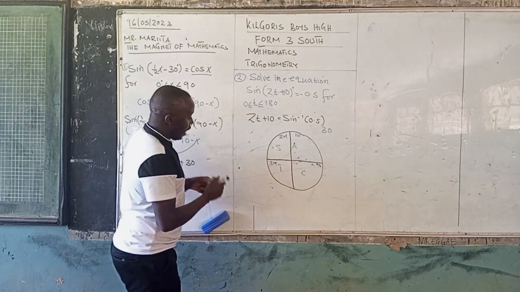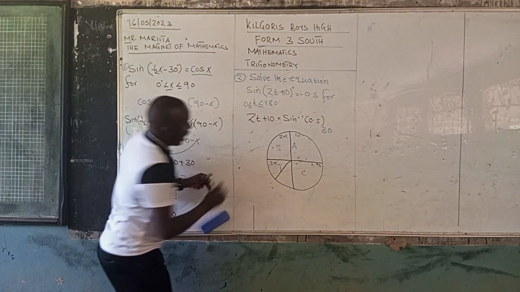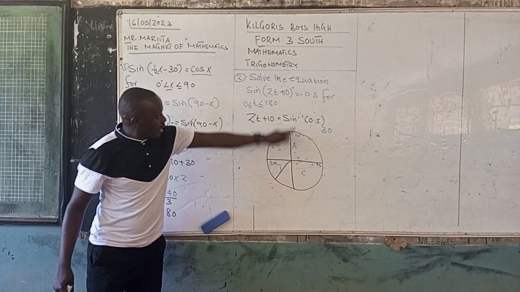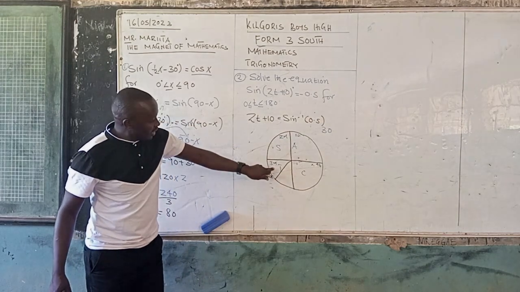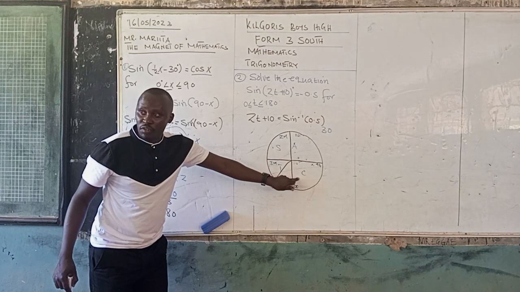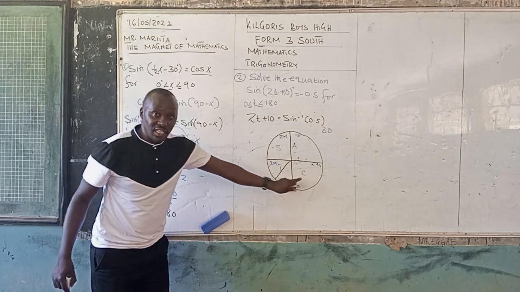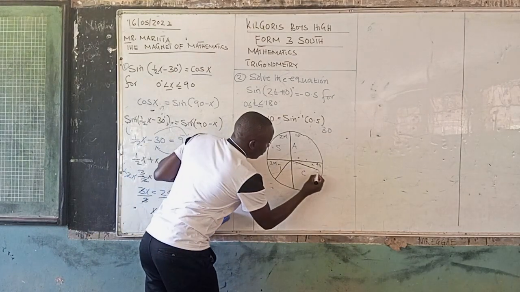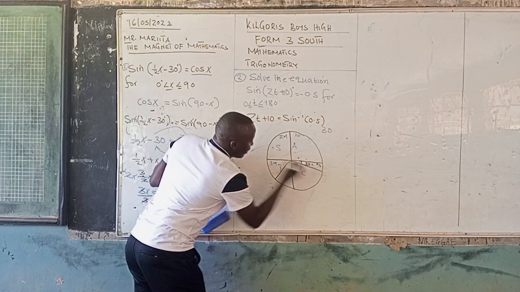So we can have here the third quadrant. We have it is negative in the third and the fourth. So here we have the sine is negative here and the sine is negative there.